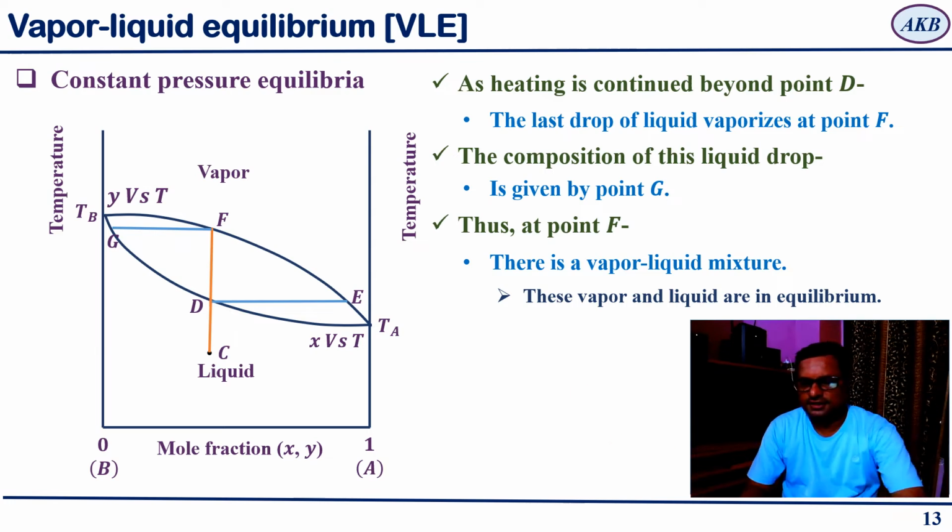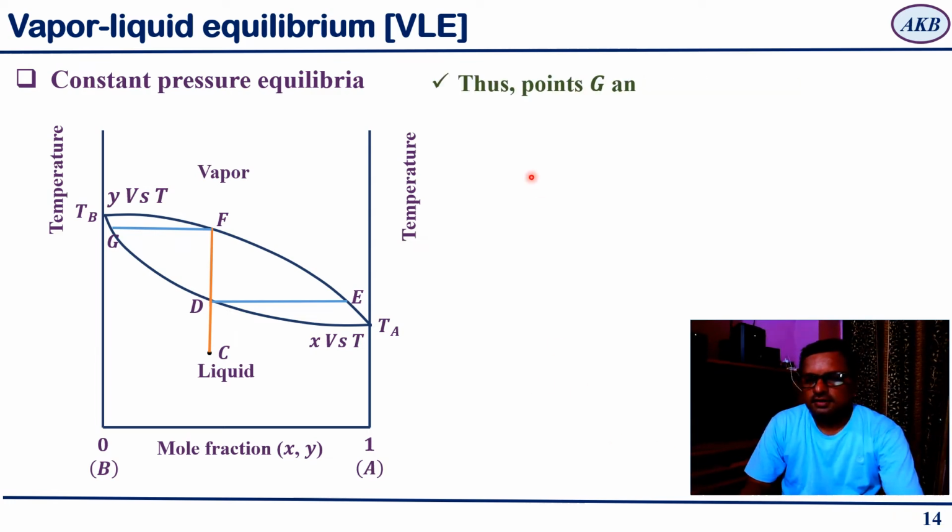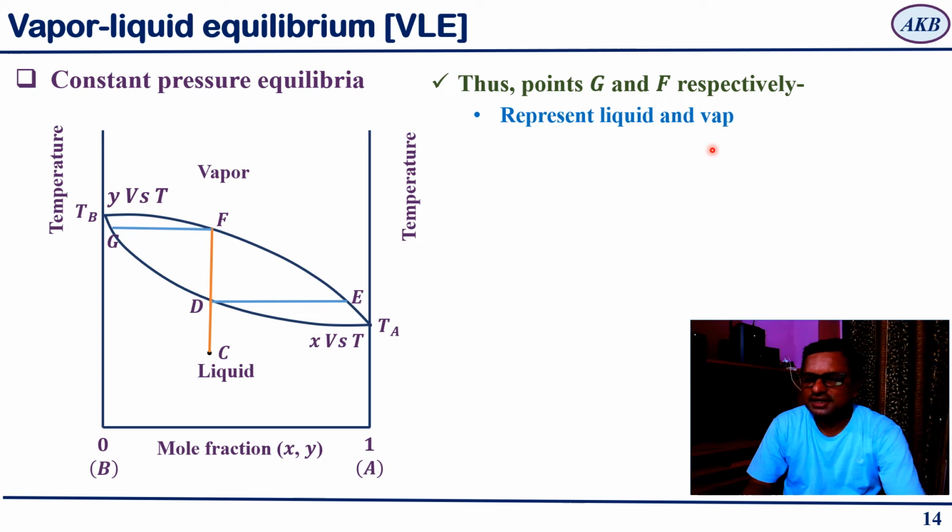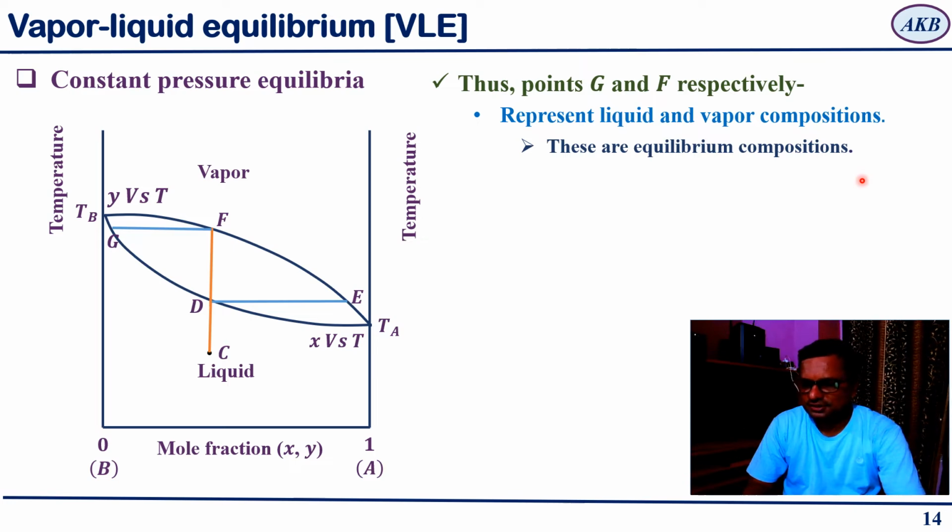Okay, now let us continue. Once you have points G and F, again for those two points you can say: point G and F respectively represent liquid and vapor compositions. These are equilibrium compositions because they represent compositions of liquid and vapor that are in equilibrium with each other.